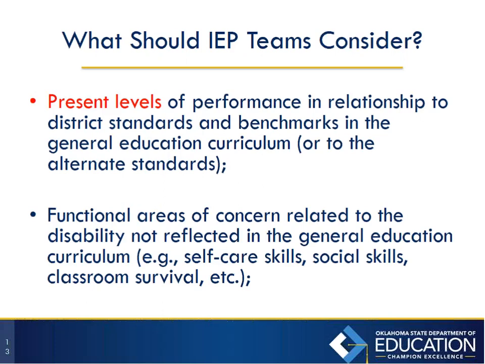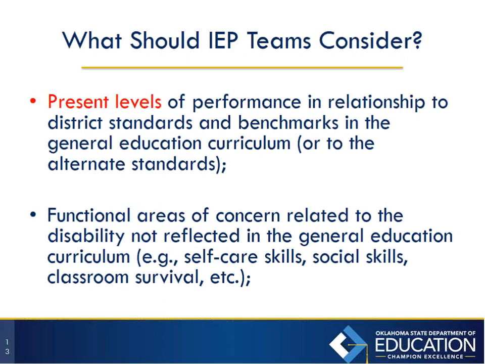So what should the IEP team consider? Well, present levels of performance, again, are present. They're current within the last year. Like we said before, if it's a 3-year evaluation, we're not asking that you do a 3-year evaluation every year, but anytime that general education students have done a screening, that information can be included.